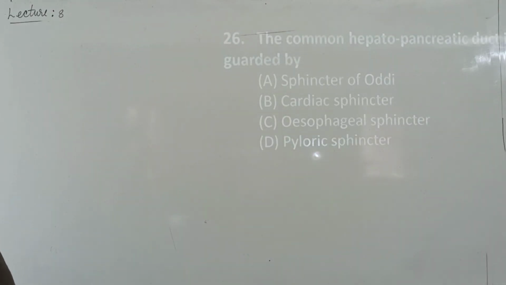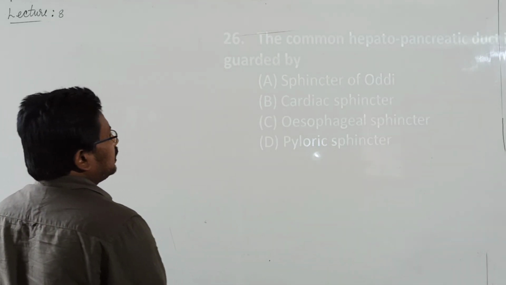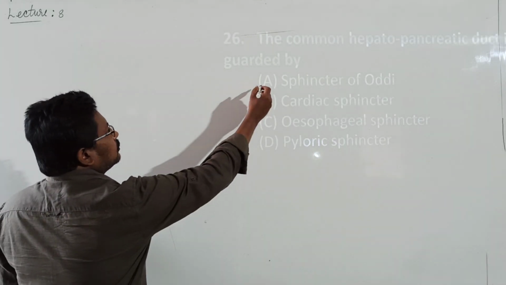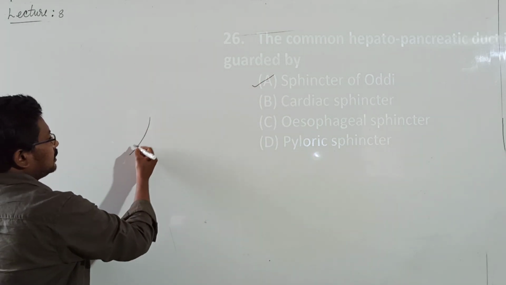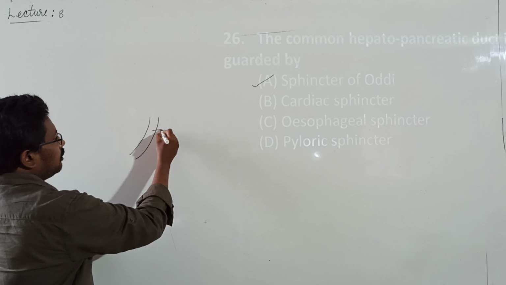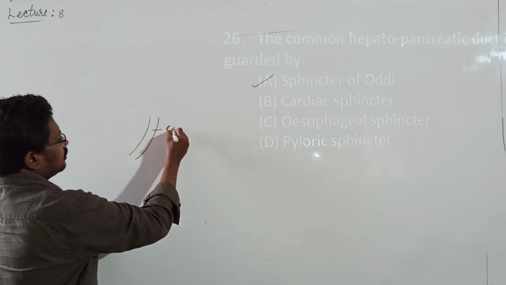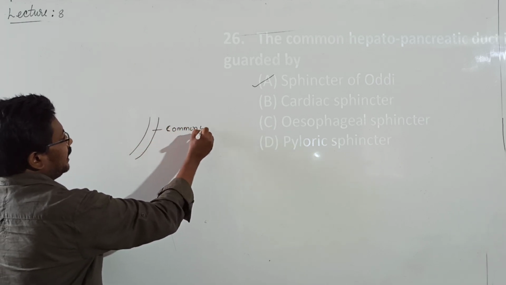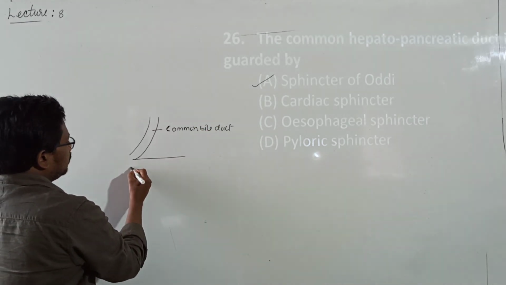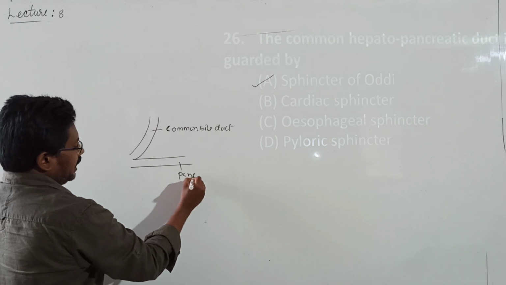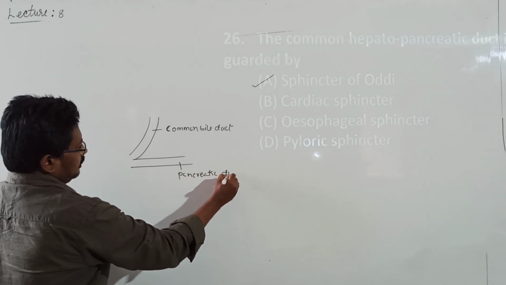Then the common hepatopancreatic duct is guarded by. So here the common hepatopancreatic duct is guarded by the sphincter of Oddi. We have already seen there is a common bile duct. The common bile duct joins with the pancreatic duct.